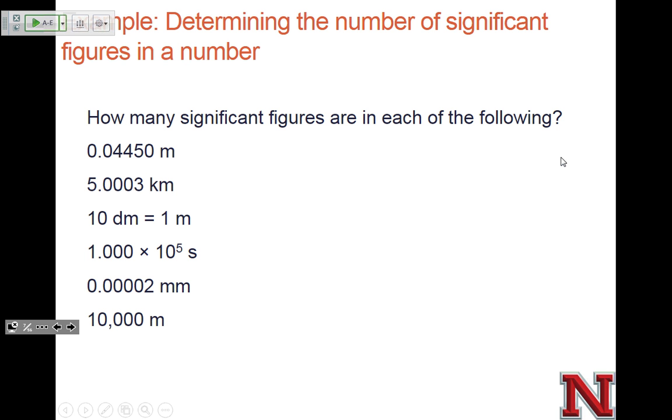Even though it's after a decimal place, we have to have a non-zero number before; being after a decimal place only counts for trailing zeros, not zeros that come before any number. So any zeros before a number are not significant. Now this 0 is a trailing 0. It's after a decimal place, and it's after our numbers, so it is significant. So that one has 4.